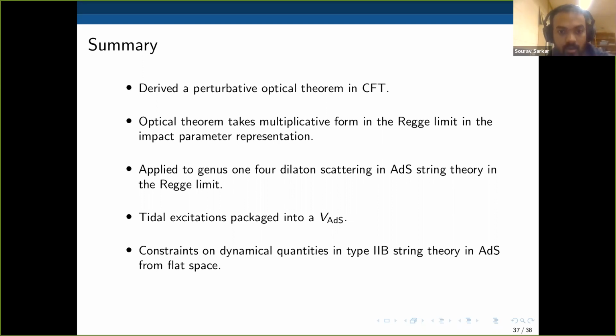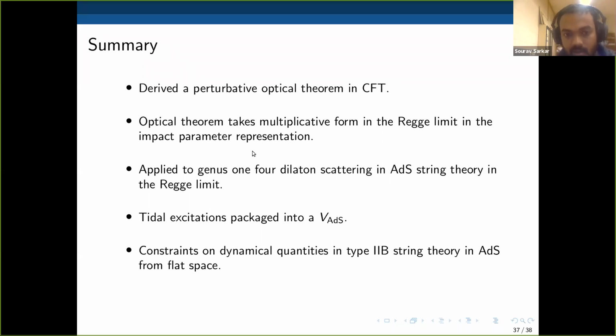And then we applied this optical theorem in the Regge limit to study a 4-point function of pairwise equal scalars. And in the impact parameter representation, it takes a multiplicative form, which allows us to incorporate in a simple way the contribution from generic spinning double trace operators.